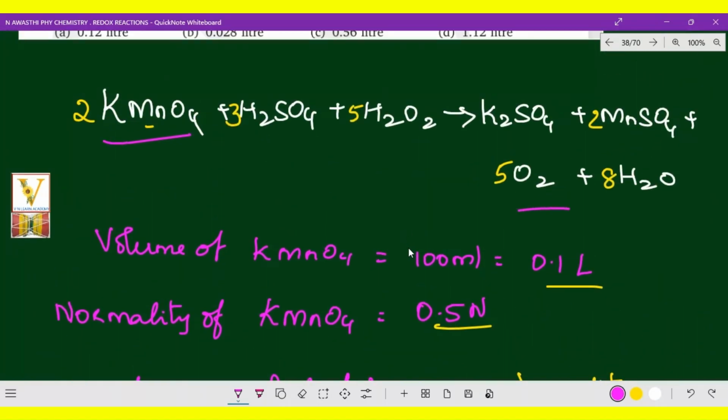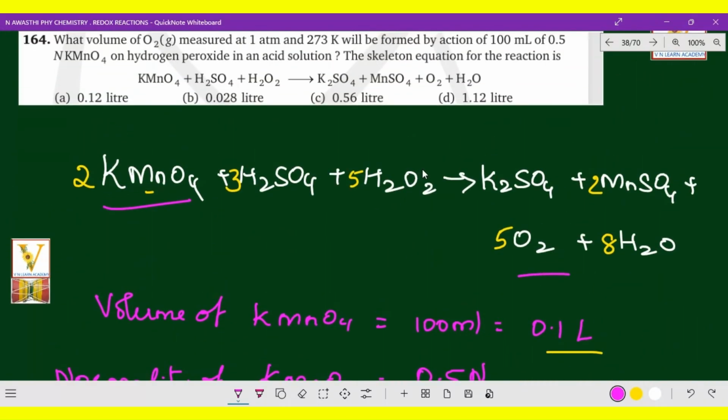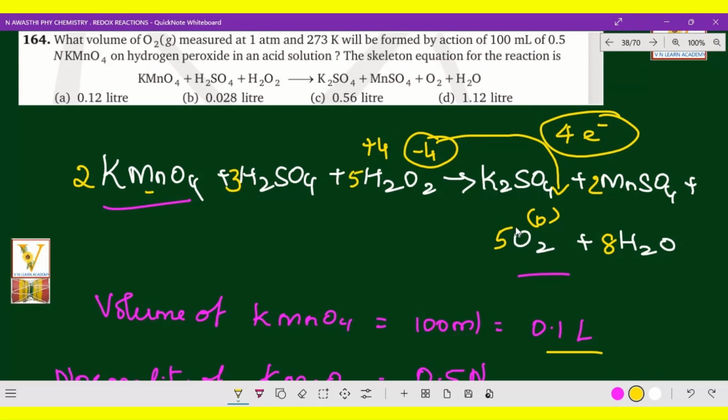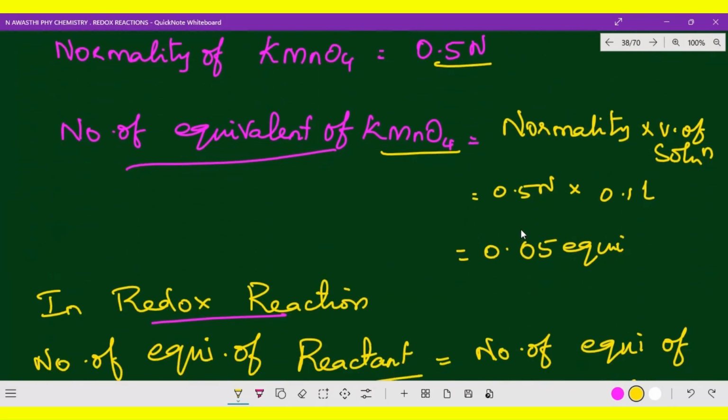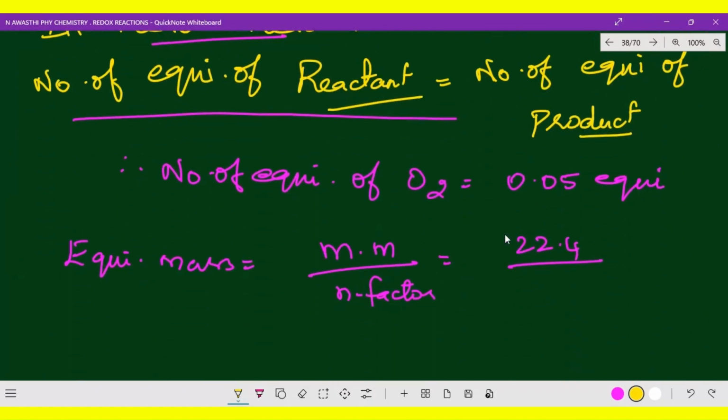It is H2O2, and the oxygen comes from it. Here it is -4, that means +4 on the other side. Hydrogen is +1. Now the oxygen is in elemental form, 0. So it goes from -4 to 0, which means 4 electrons change. The n factor is the number of electrons changed, so the n factor is 4.